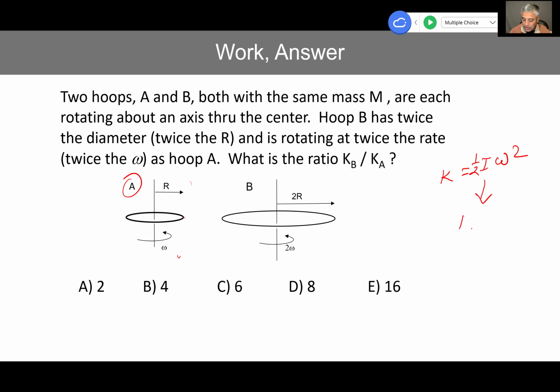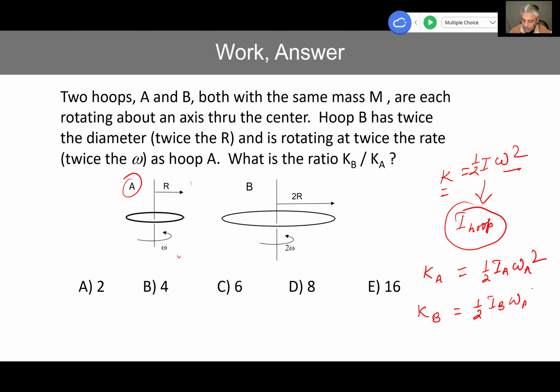So do you know what is the I for a hoop? The kinetic energy is going to depend on that I for the hoop and the omega. So you are finding that for A, half I A omega A squared, and you are doing that for B as well, half I B omega B squared, and then you are comparing them.